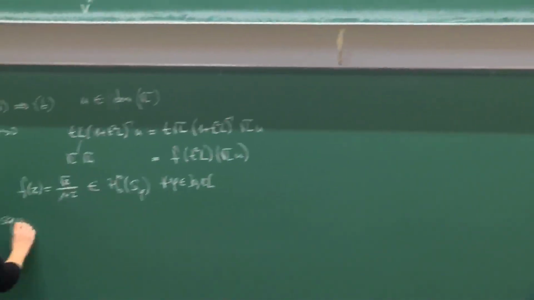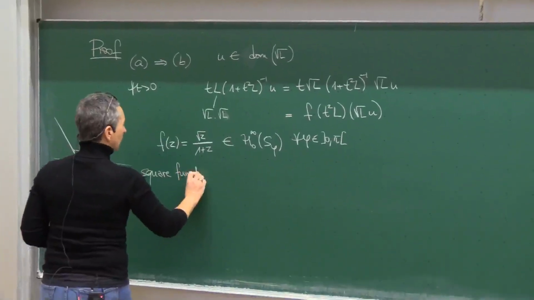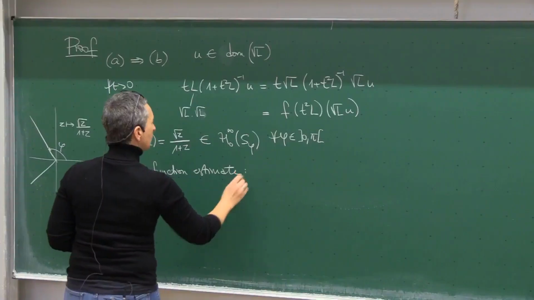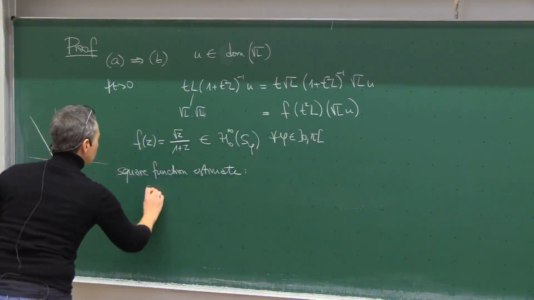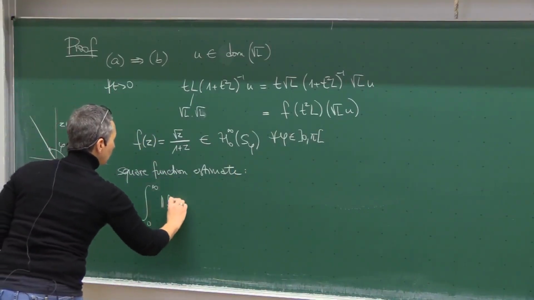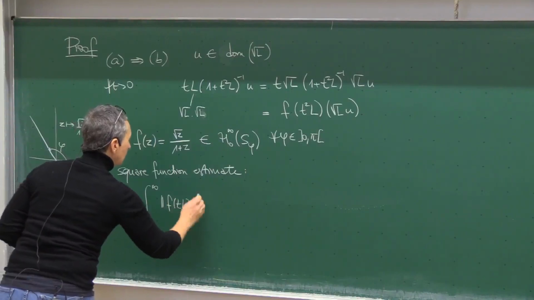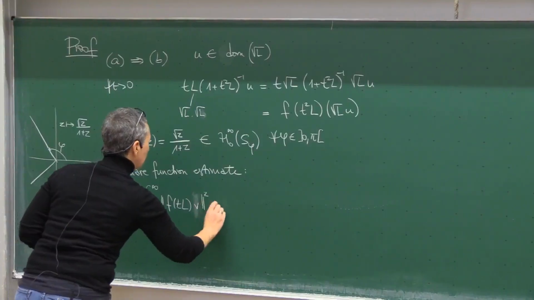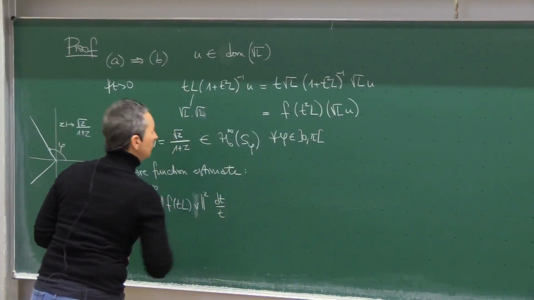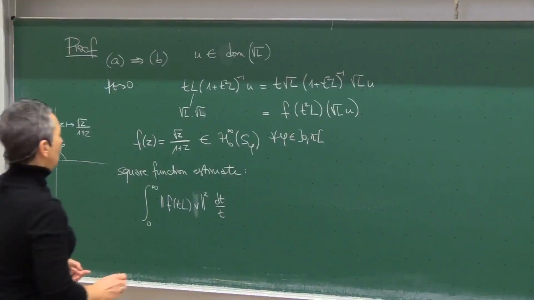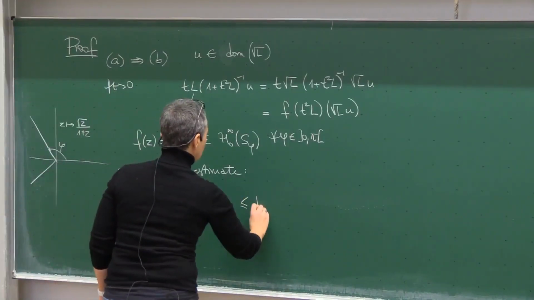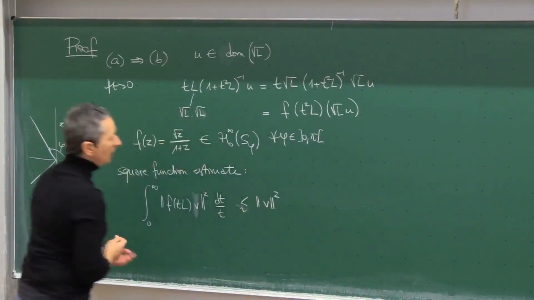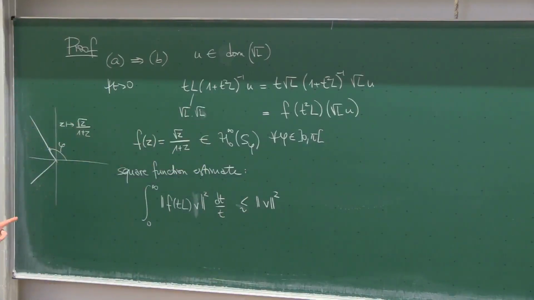So the square function estimate says that the integral from 0 to infinity of f of tL of, let's say, v, squared, dt over t is bounded, up to a constant, by v squared, right?